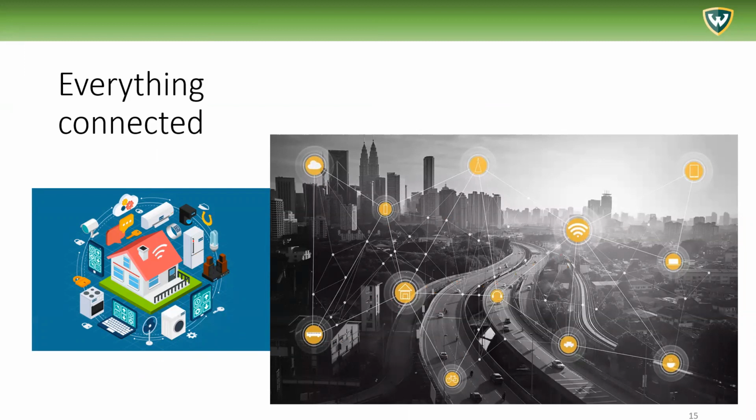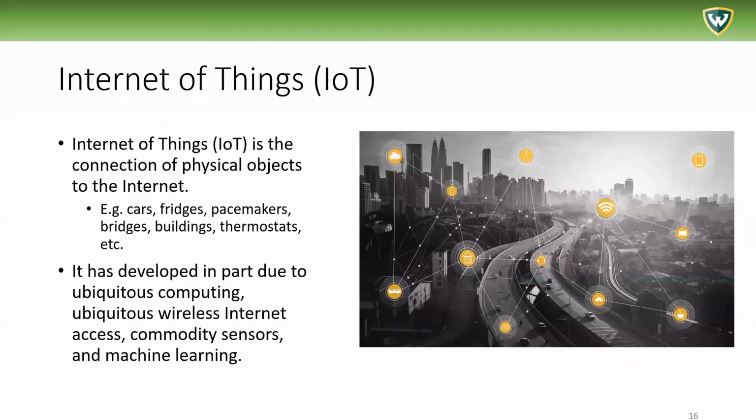So we're really coming into this world of the Internet of Things, which is when things are themselves connected to the internet. The Internet of Things is the term that refers to the connection of physical objects to the internet: cars, fridges, pacemakers, even items we install inside of our body, bridges, buildings, thermostats, and so on.